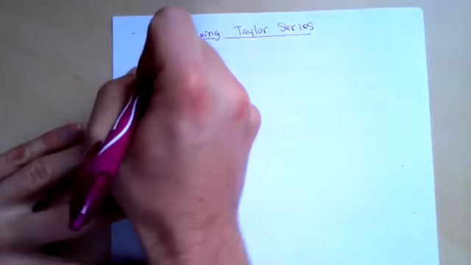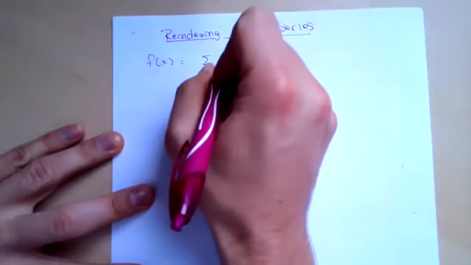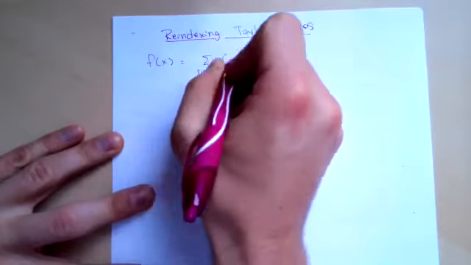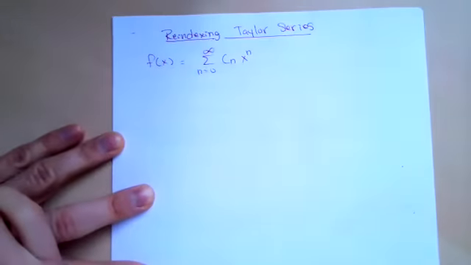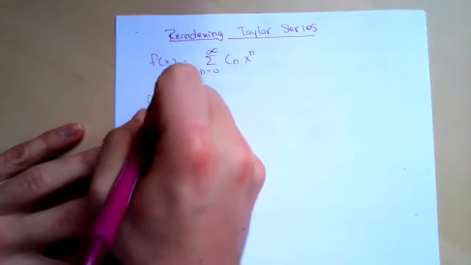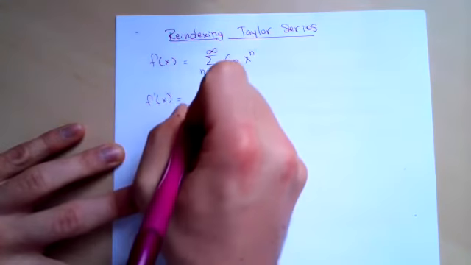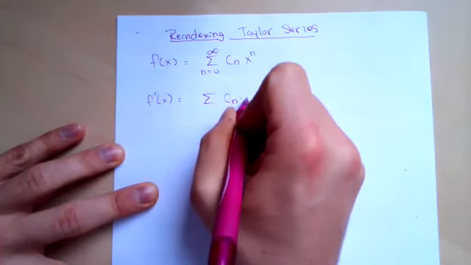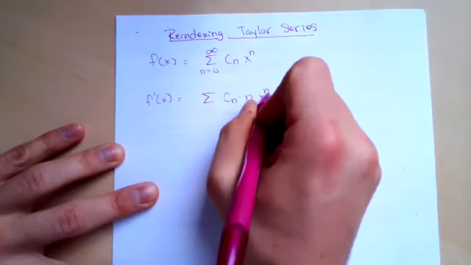So the idea is this: if I have some function that's given by a Taylor series or power series, then if I compute a derivative, by our rule, we've got this.